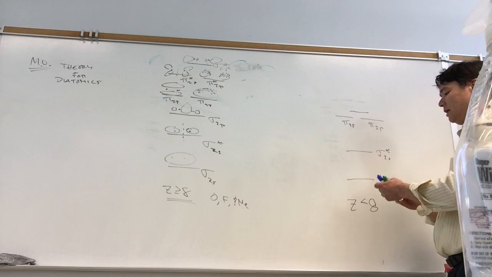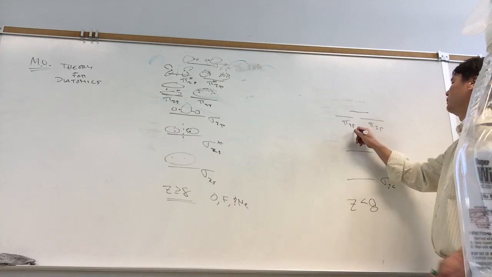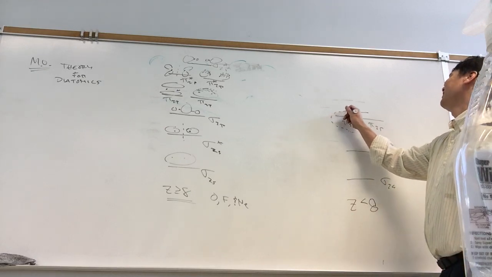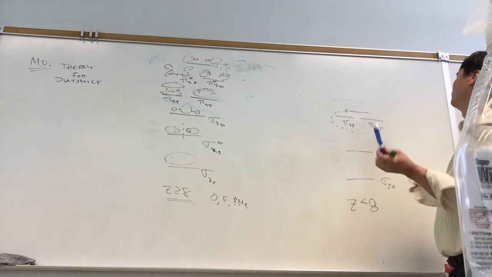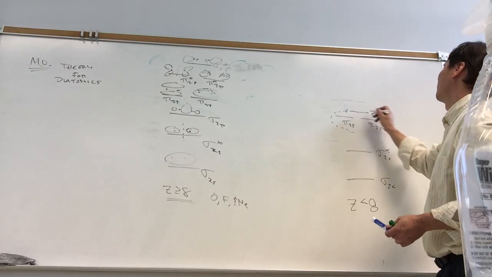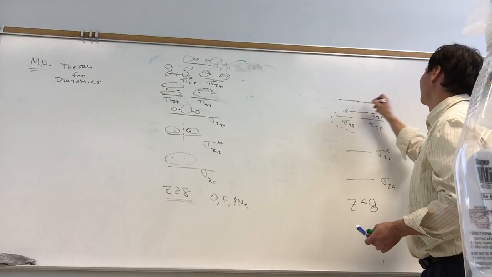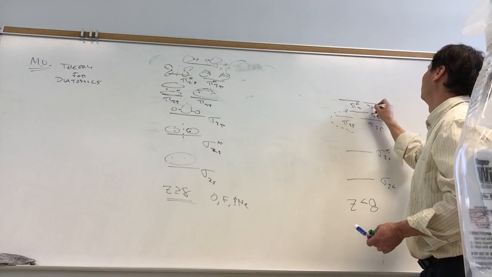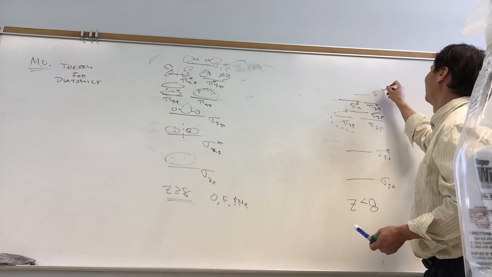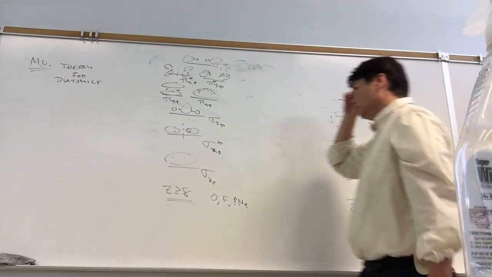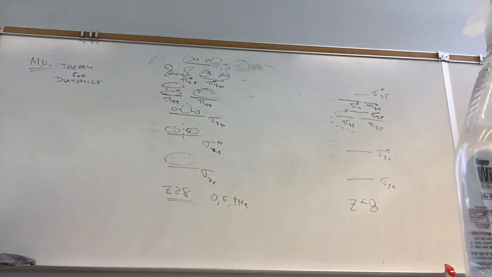But the sigma 2p was down here, and now it's way up here. The sigma 2p, followed by the pi star 2p's, and then the sigma star 2p. This is much bigger than what I just drew. The sigma 2p was here, and then it just popped up here. Do you see that?